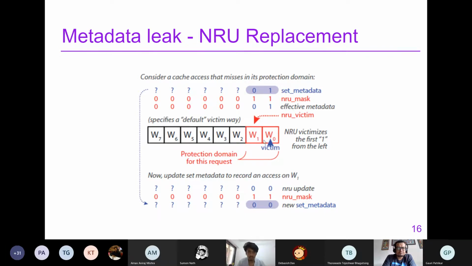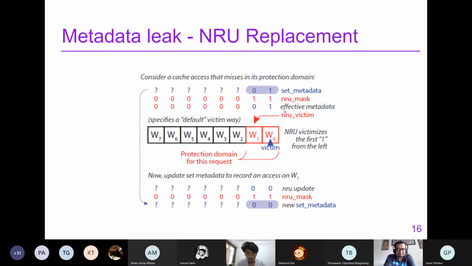These guys, W1 and W0, try to access something, and they get a miss. Now, if we did not have some extra mechanism, then it was very much possible that once we started checking from here, we would get a 1 in any of the other ways, and some other domain's way would have been evicted because of a miss in this domain, which is something we outlined at the start that we don't want.